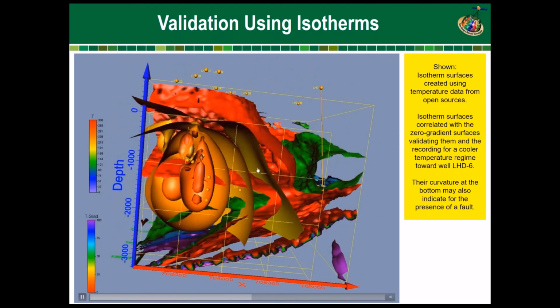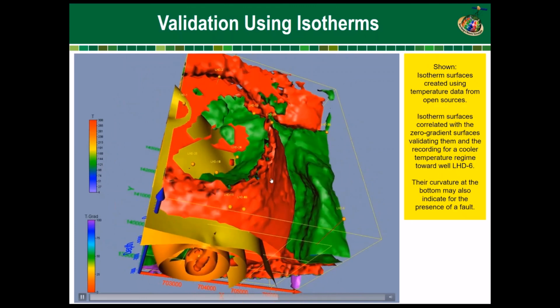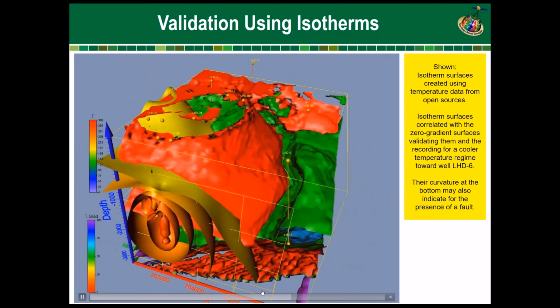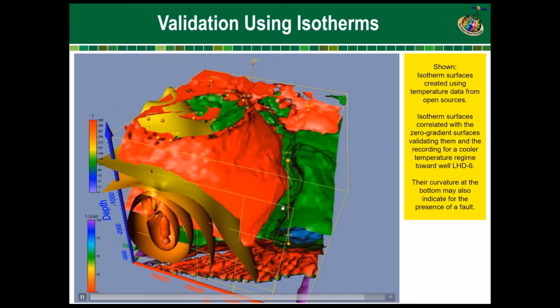And then we have a cooler area. But let's take a look at how the isotherm surfaces correlate very well with the zero gradient surface, validating our zero gradient surface for a cooler temperature regime, which is toward my right at this point, or toward LHD6.